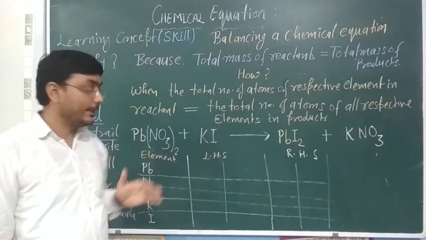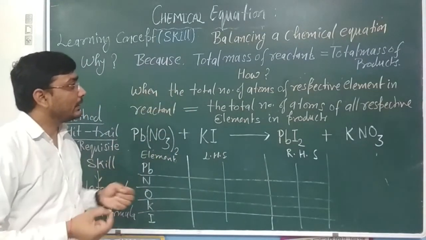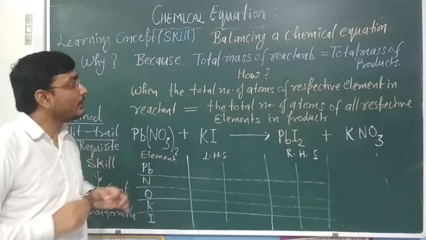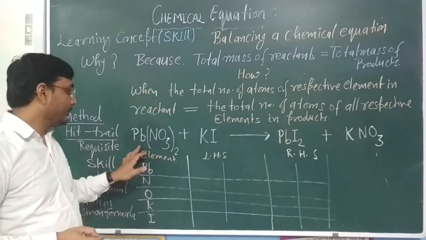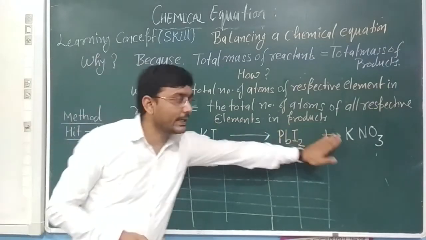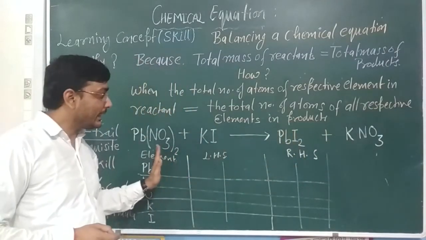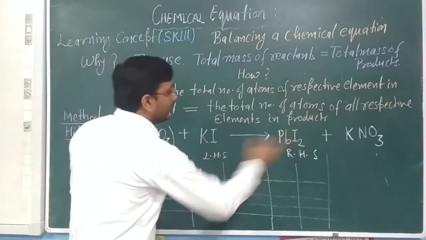How will you make that? For that, we are doing one thing. This is a simple calculation: making the number of atoms equal on both sides, making the atoms of a particular element equal on both sides.